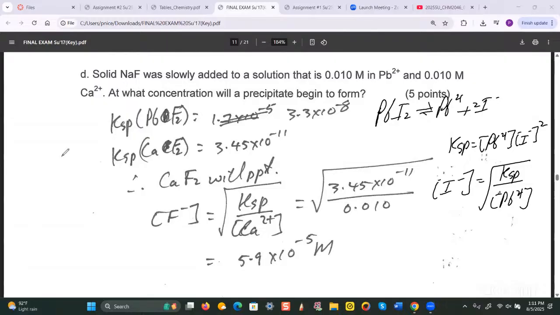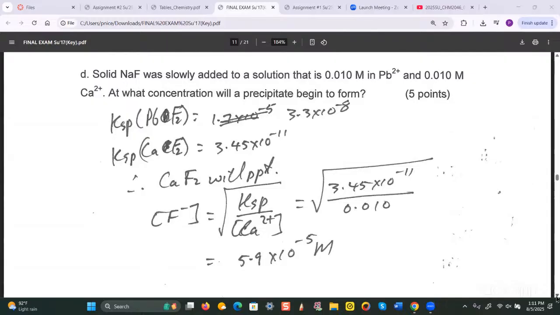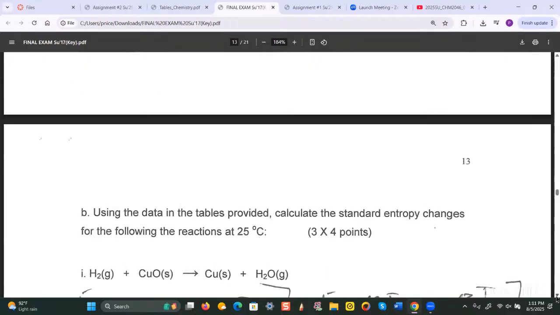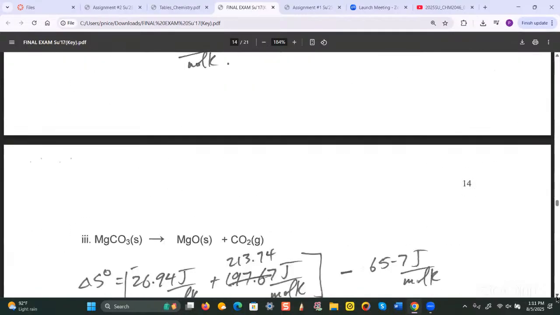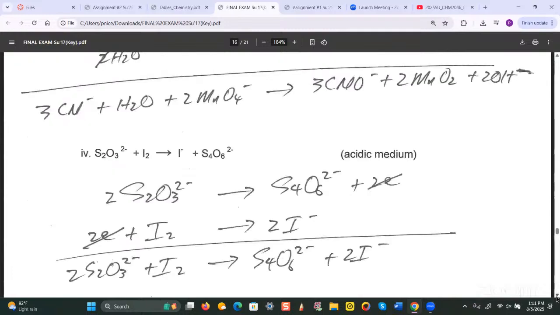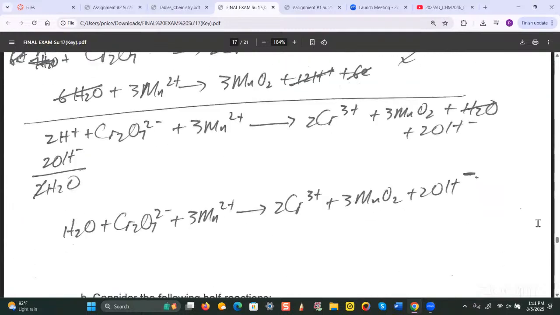On page 17? Yes. All right, hold on one minute. Let me clear this. Okay, on page 17.